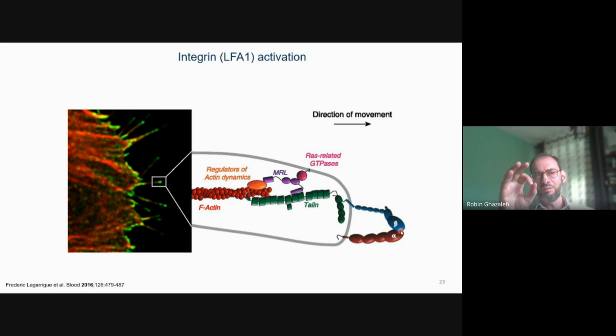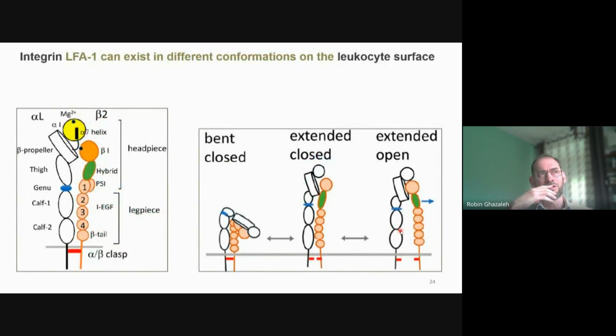I want to show you a slide but I will not explain it. I think it is a bit too advanced for you, but it is just showing you an example of this integrin molecule with the two chains, different parts of the molecule. It is not necessary to memorize them, but it does not work without magnesium, and the shape of this molecule can change. Outside the cell, it can be bent or extended, and inside the cell, these two cytoplasmic chains can be together or separated.